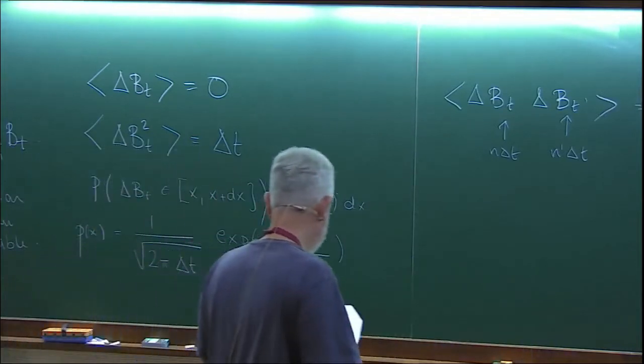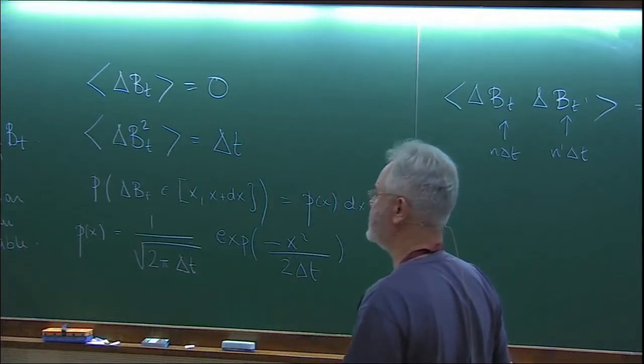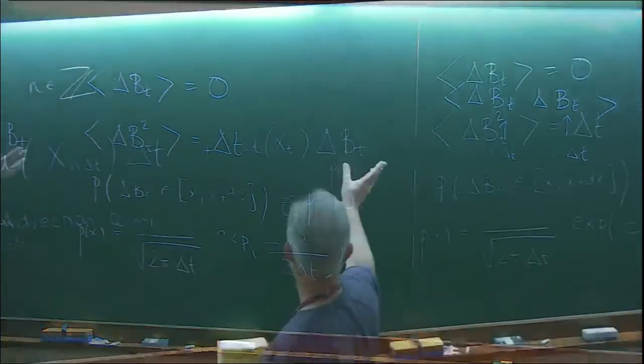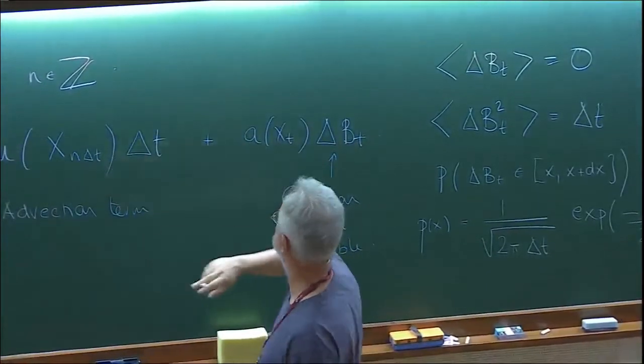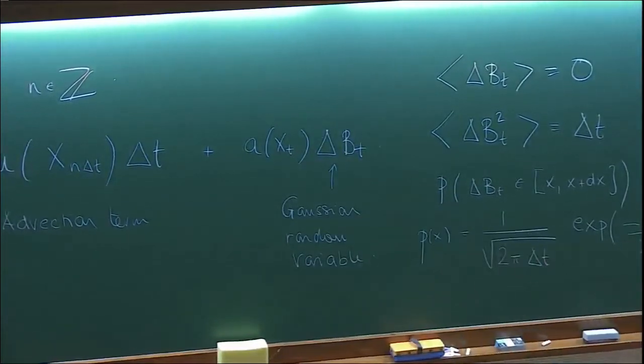So let me have a look at the simplest case. We know what the term u is doing. So let's look at the case where we just take u equal to 0, and let's look at what this process is.